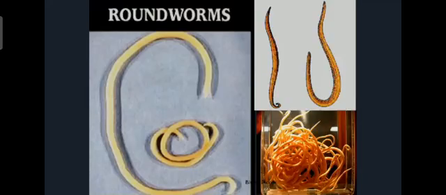And the next one beside that is bigger, long, and the last end is not curved, it is straight. So it is female. Males are small, females are bigger. The end of the male is curved, and the end of the female body is straight. So male and female differ. This is called sexual dimorphism. You can make out externally which is male and female. So this is the example, that is roundworm.